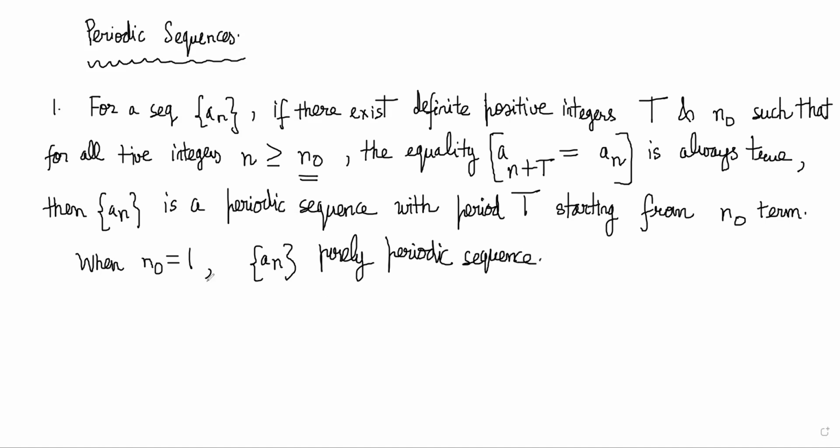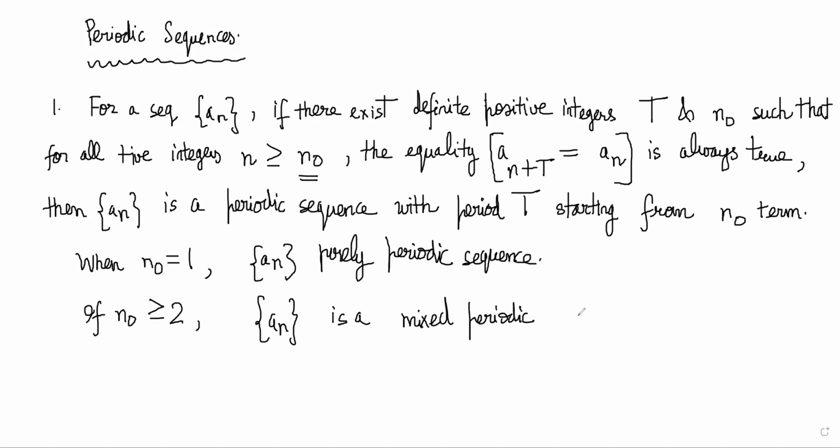If n naught is greater than or equal to 2, then it is called a mixed periodic sequence, because it is non-periodic in the beginning, but after the number of terms exceeds n naught, it becomes periodic. So that is the basic definition of a periodic sequence.